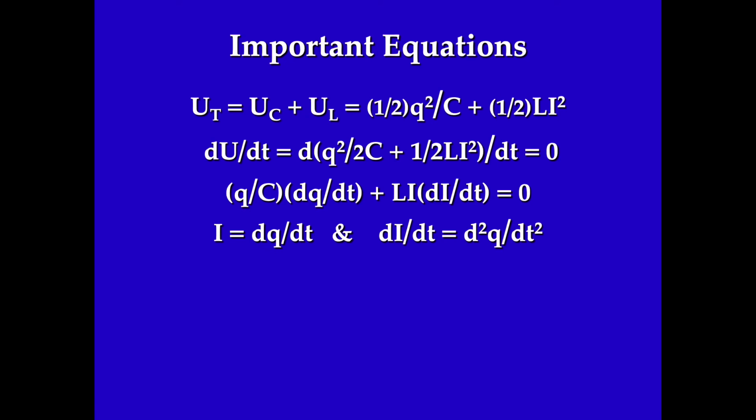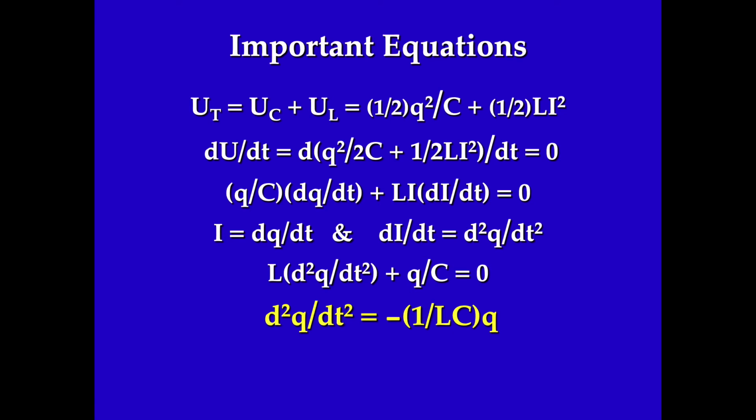So that means I can write this in terms of just q's, and I can solve for q. Actually, if I wanted to, I can write this in terms of I and solve for I too. But let's solve for q.